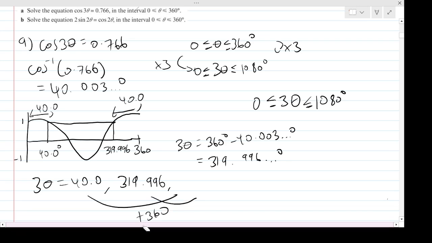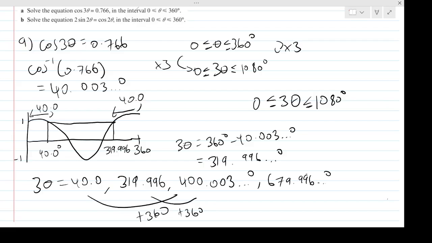If we do that, this 40.0 add 360 would be 400.003 degrees. And then we need to add 360 to the next one. So 319.996 add 360 gets me 679.996, blah blah blah.